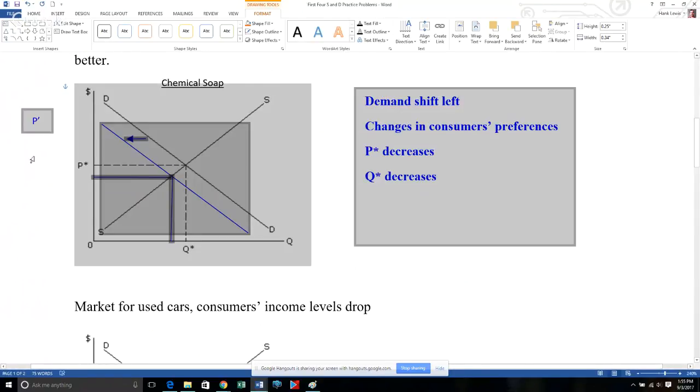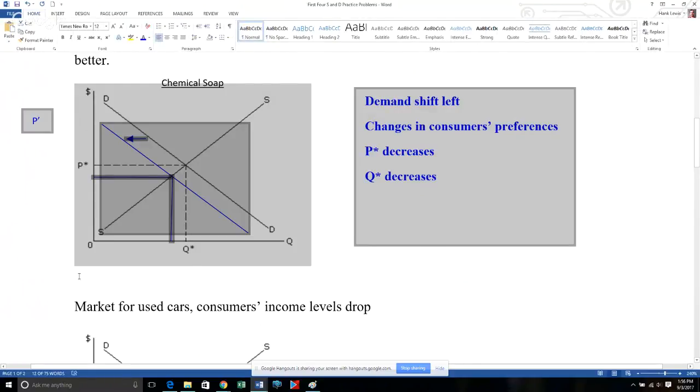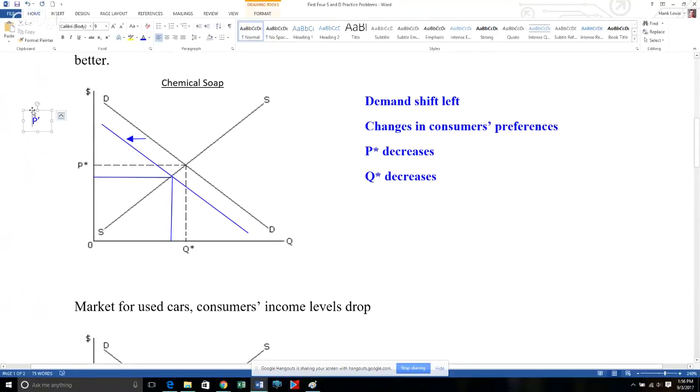Okay. And so P prime, we're going to move over to here. Okay. I'm going to copy this. But then I'm going to change that to a Q prime in just a second, because I just want to make sure that I got the correct item there.